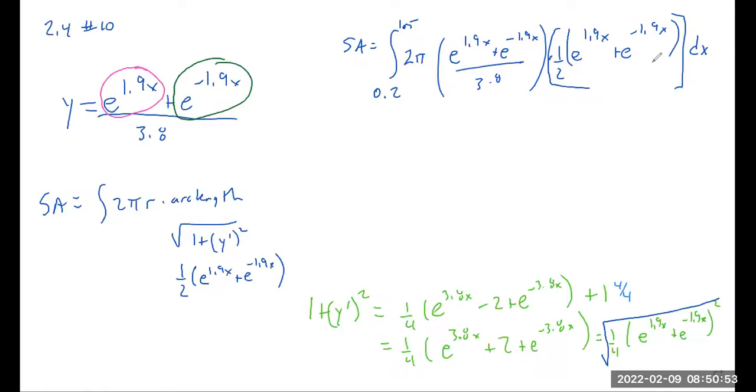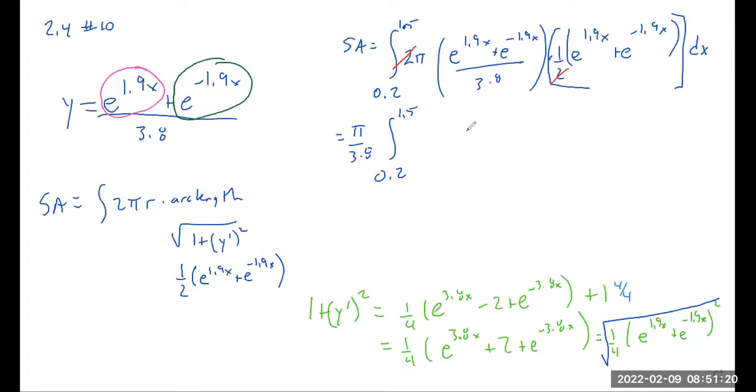All right, so that's what we need to integrate. I'm definitely going to simplify a bit because I've got some 2's that cancel. The pi over 3.8, I can pull that out. So I'm going to get pi over 3.8 times the integral from 0.2 to 1.5. And now I'm going to FOIL out again.